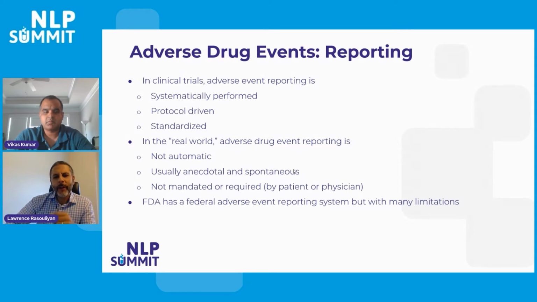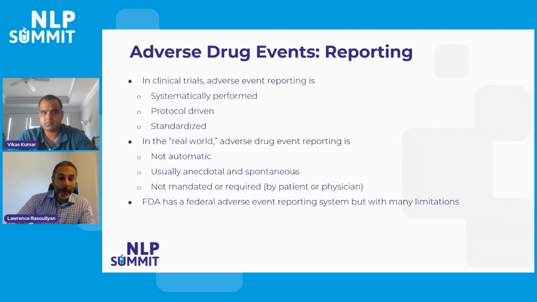So with clinical trials, adverse event reporting is, I mean, it's great, because you have a very clearly defined protocol that has very clear instructions, almost like a recipe that you follow if an adverse event occurs. So if an adverse event occurs, here are the things you do. And it's very laid out, very clearly step by step.